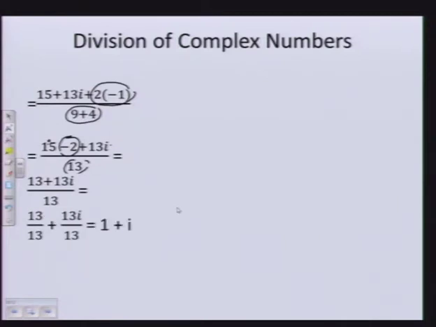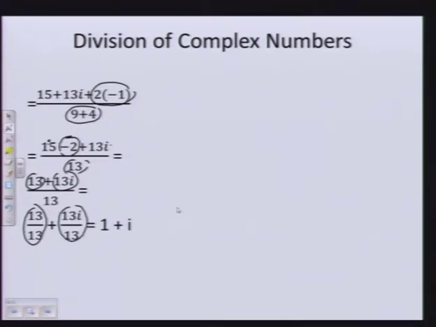So what I'm going to do is separate this out. This is a step that sometimes throws a lot of students. Basically, just take the first term in your numerator and put it over your denominator, as we did here, 13 over 13. Take the second term in your numerator, the 13i, and again, put that over your denominator, to get 13i over 13.